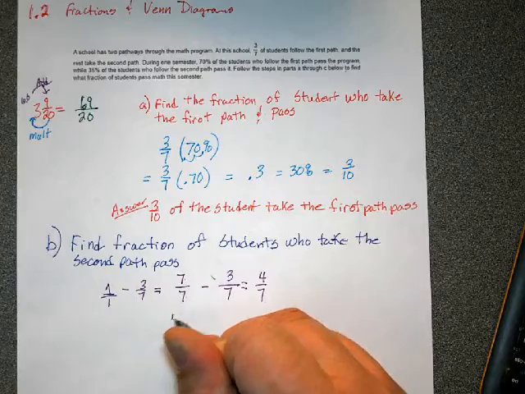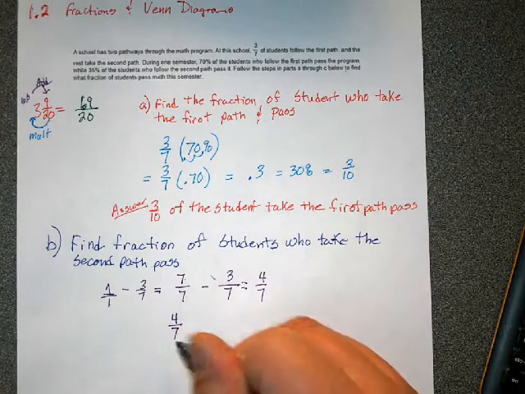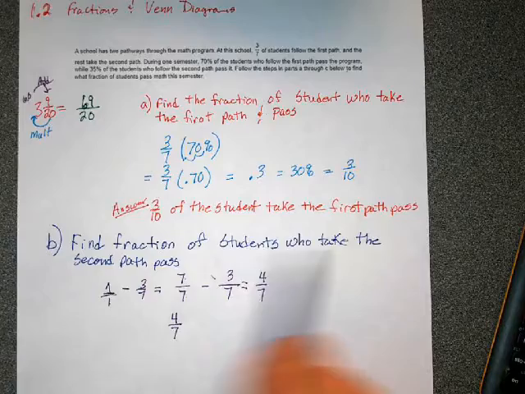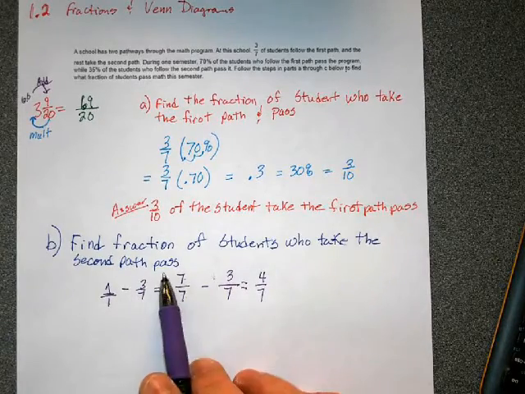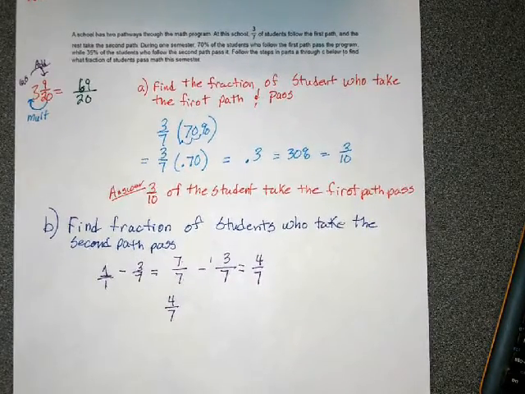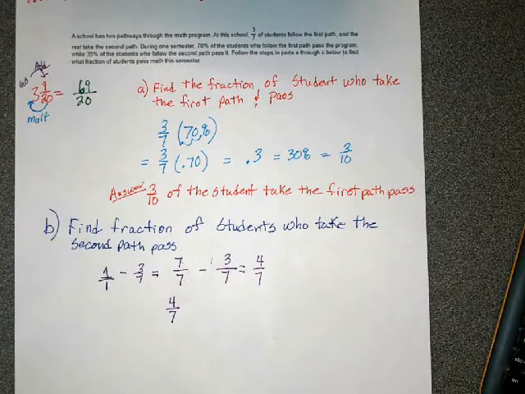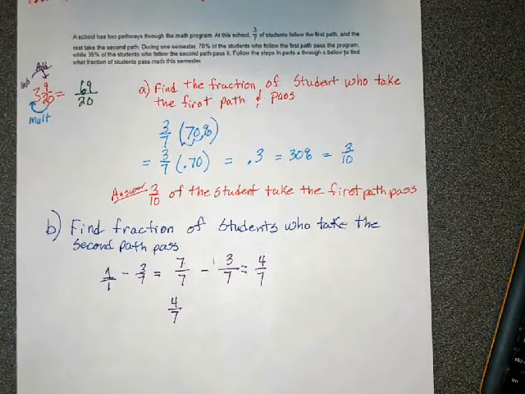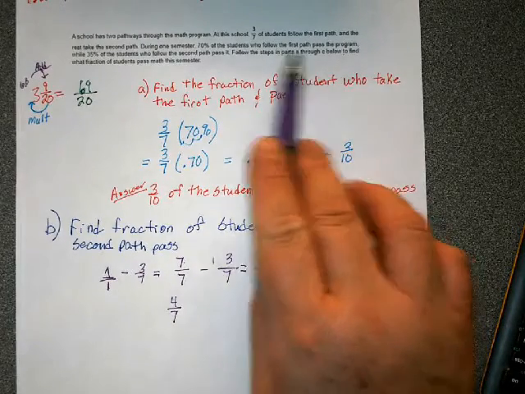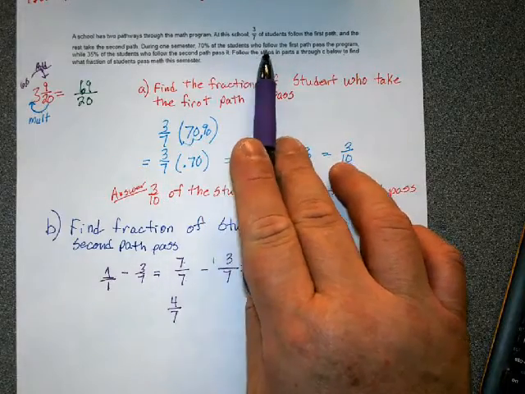So I'm going to take those 4/7. No, because we got to find who pass. Okay, what's the percentage that pass? What's the percentage that pass taken the second path? 35%, right?